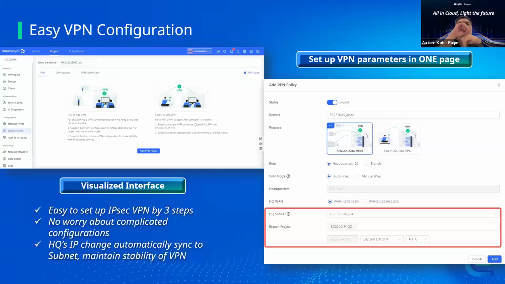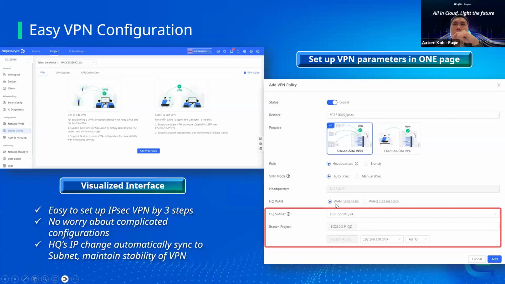And for ECVPN configurations, this is what we are going to share. Nowadays, VPN setup is simplified by our Ruijie cloud. You can see that we can easily configure the VPN as a site-to-site VPN or a client-to-site VPN. You just need to enable it, choose site-to-site or client-to-site, choose headquarter or branches, and choose which WAN interface you want to use.